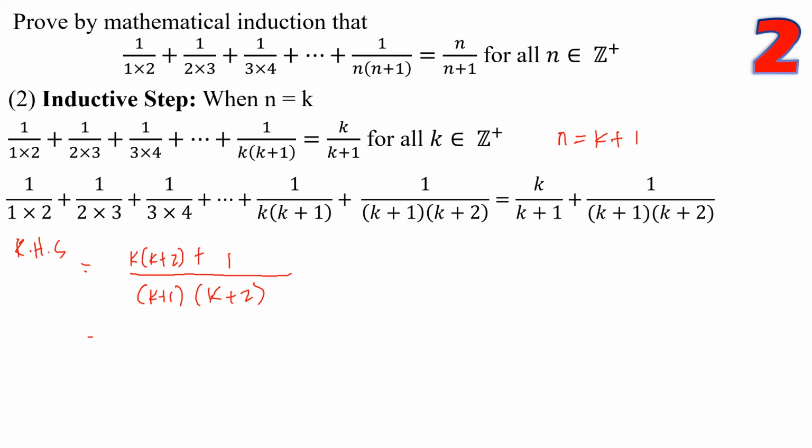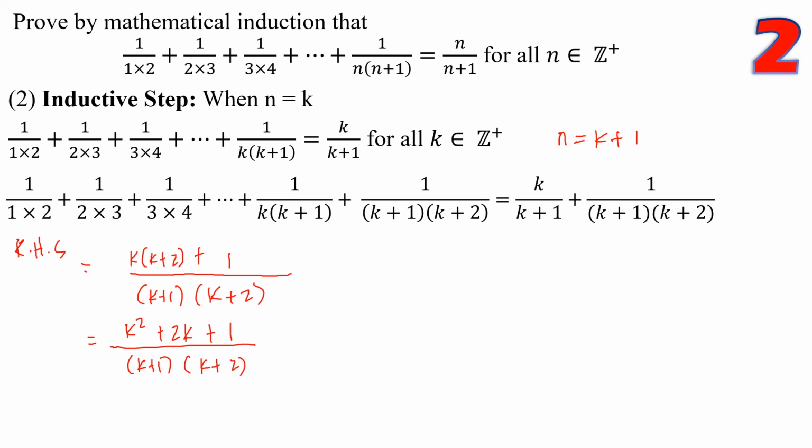And then we have, by the distributive property, k squared plus 2k plus 1 over k plus 1 times k plus 2. Notice that the resulting numerator is a perfect square trinomial. So we can show this in its factored form.